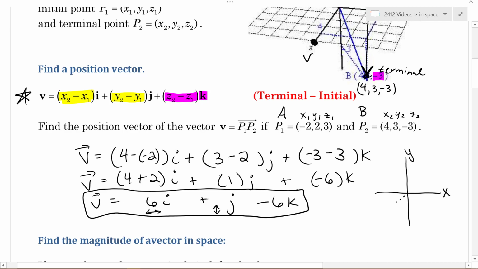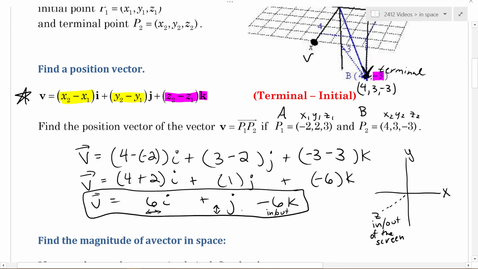So it's kind of hard to draw, but just imagine that was coming right at your face, and that's the z-axis. So this actually tells you how much to go in and out of the screen. That's how I like to think about it. So this would basically be going into your screen 6 units.